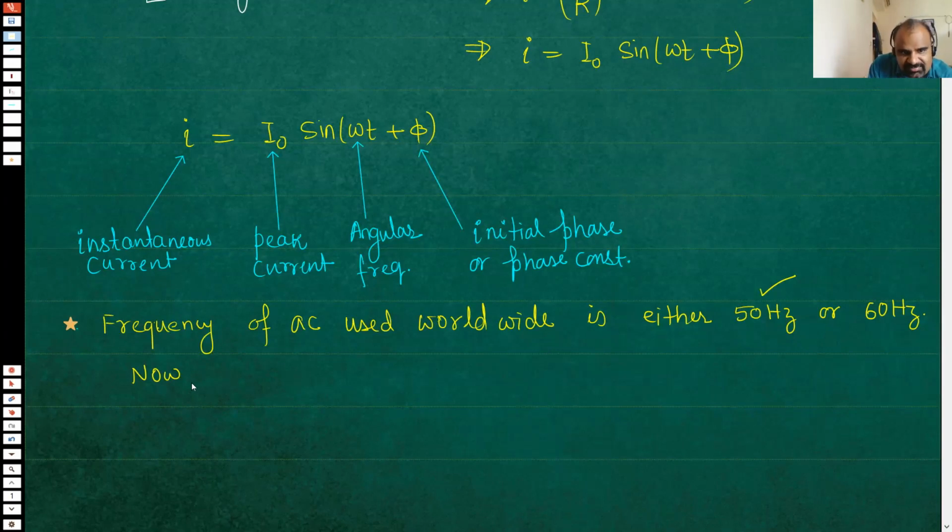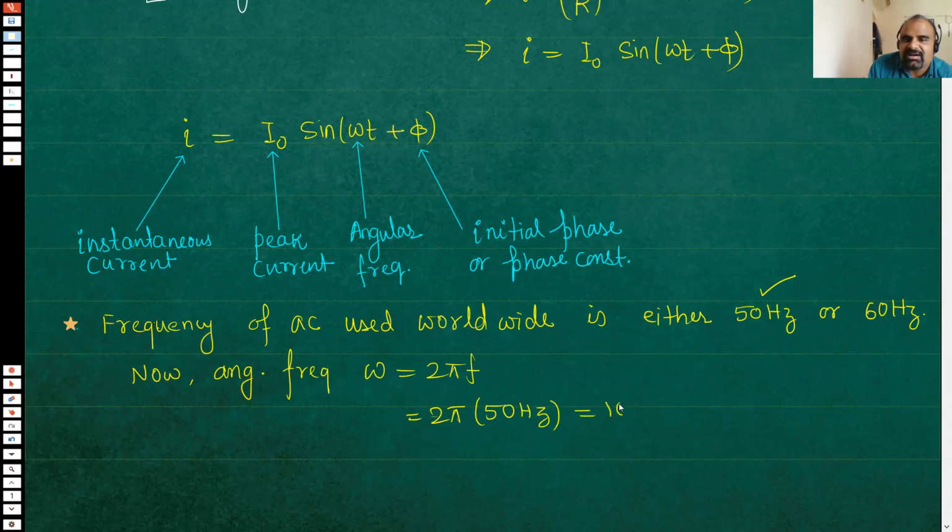Now, angular frequency omega, as you know, is 2 pi f. So standard value of omega will be 2 pi into 50 hertz, that means 100 pi radian per second. Normally, you will observe that in all questions the value of frequency will be given to you.